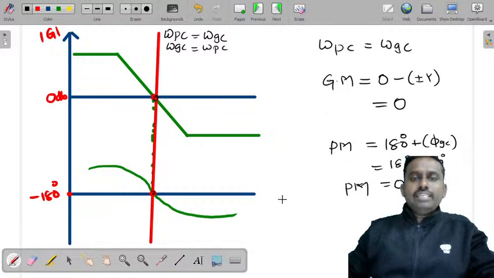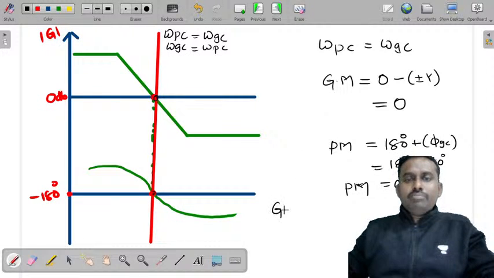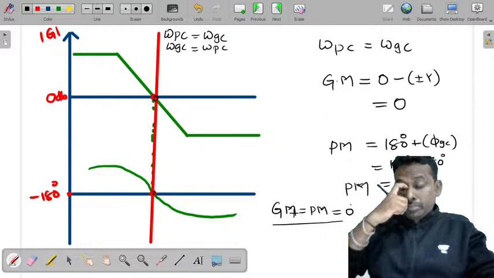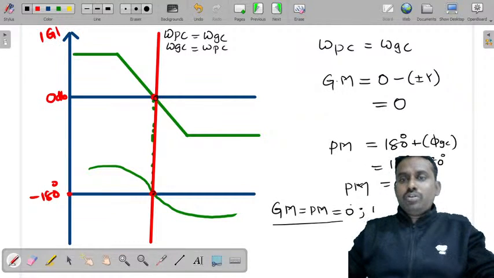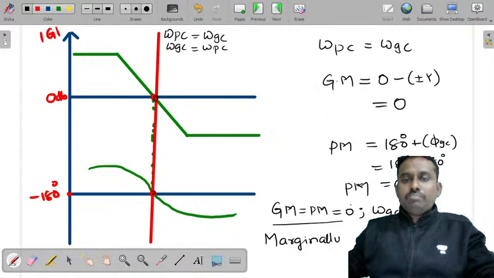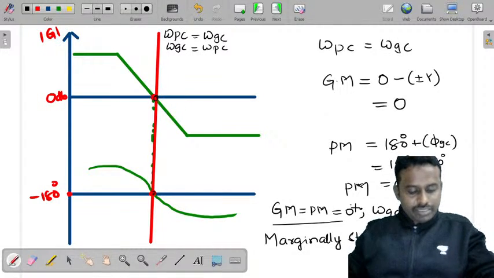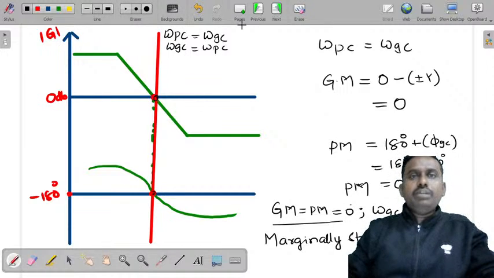So in this case you can say gain margin is equal to phase margin is equal to 0 when the gain crossover frequency is equal to the phase crossover frequency, and we can say that the system is a marginally stable system.